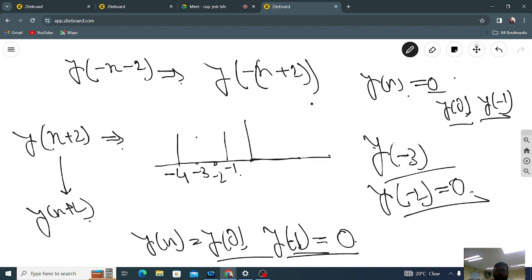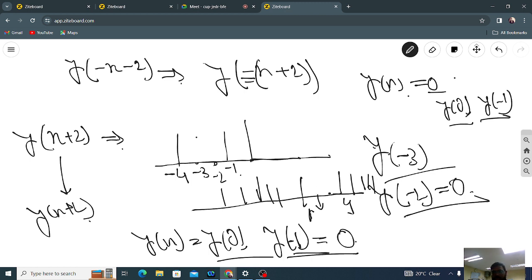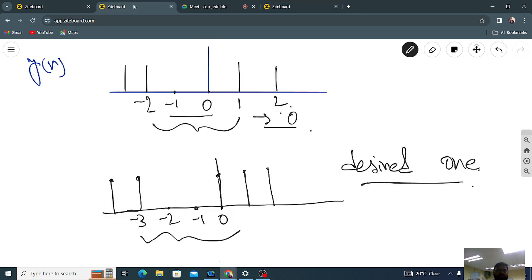After that there is a negative sign, so this signal will be shifted to this side, and all the values from 4 to 1 will be 1, and after 4 all the values will be 1, but for 2 and 3 it will be 0. So for this signal y of 2 will be 0 and y of 3 will be 0. So that is not the desired signal.